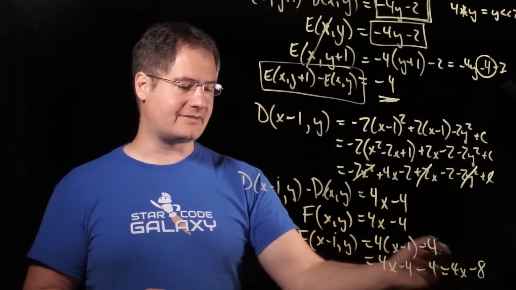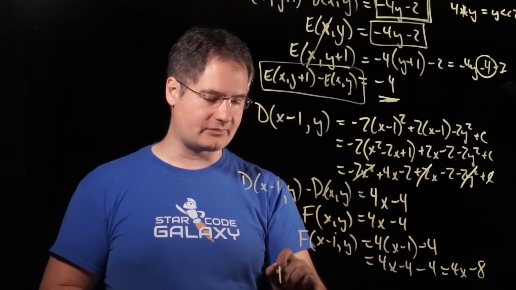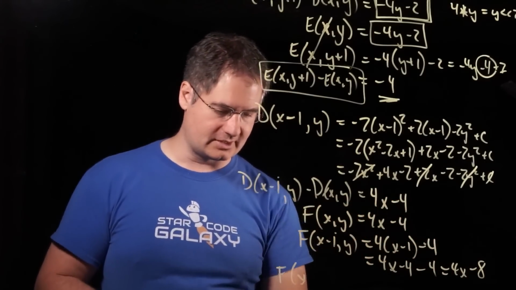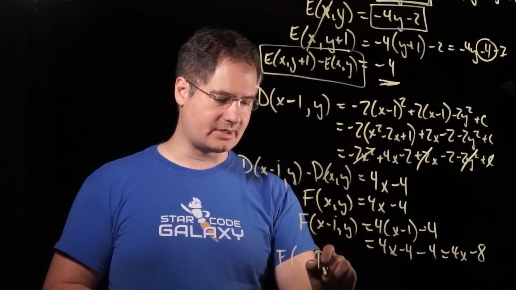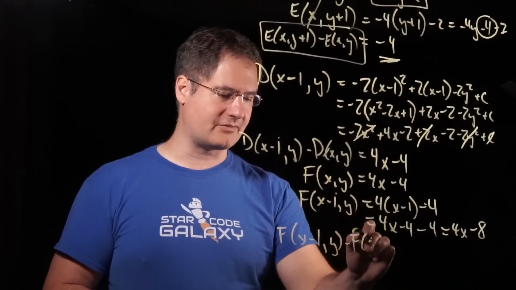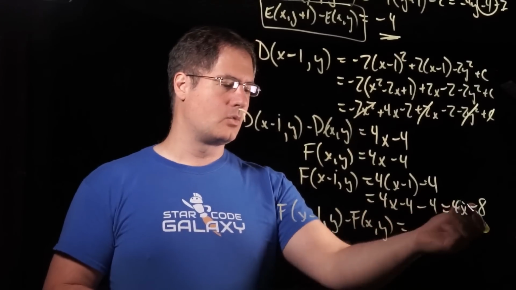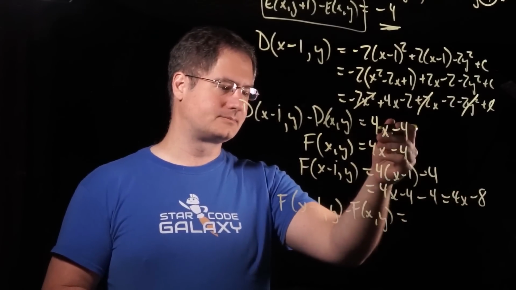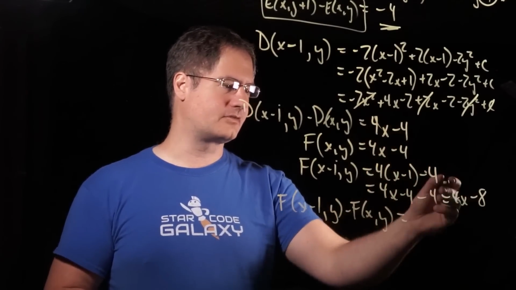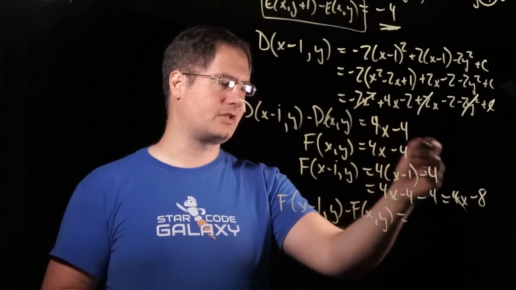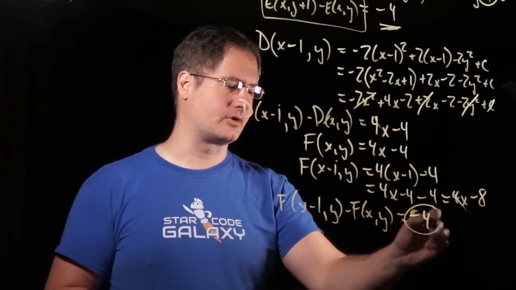Once we're at 4x minus 8, we have to do the subtract, right? We have to do f of x minus 1, y minus f of x, y. We now need to subtract this from this. The 4x's cancel, and all we get is a plus 4 over this, so it's back to negative 4.